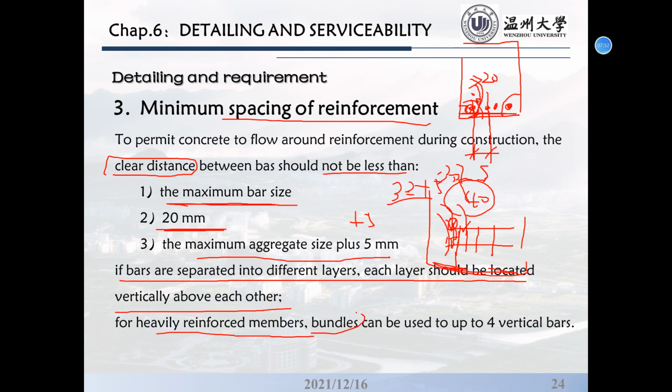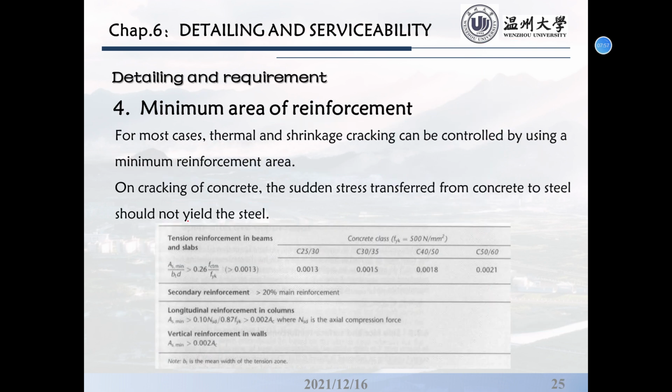For the bundled bars, they can be adopted for vertical bars. For heavily reinforced members, bundles can be used for 1, 2, 3, 4. Do not use more, because it's not good for the structures.